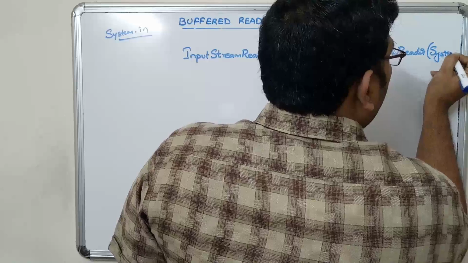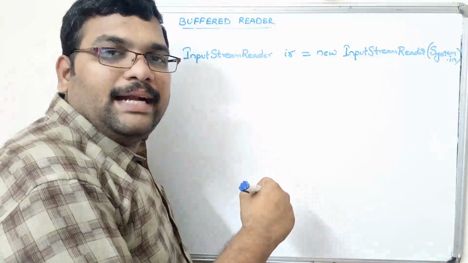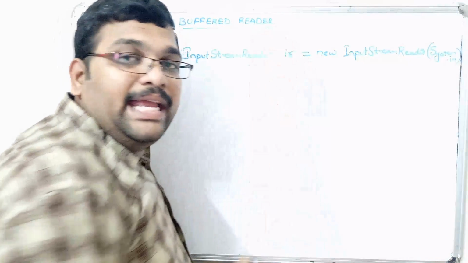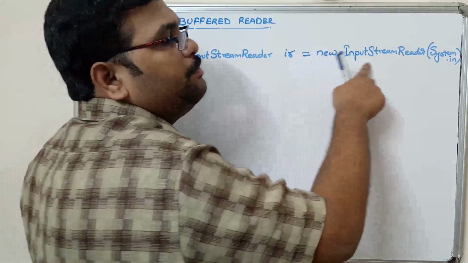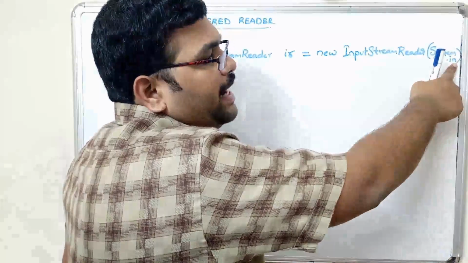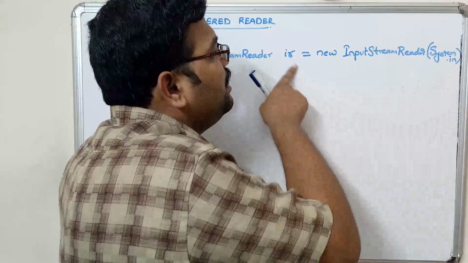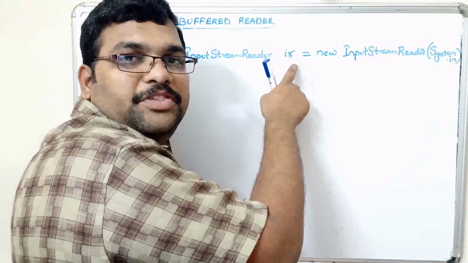From where? From the keyboard: System.in. This is the syntax to read the bytes and convert them into the character set by means of this IR. So from the keyboard, the bytes will be converted into characters and accessed through the IR object.